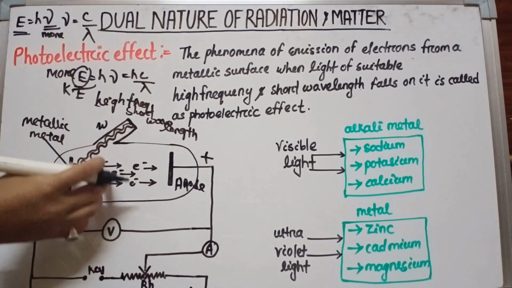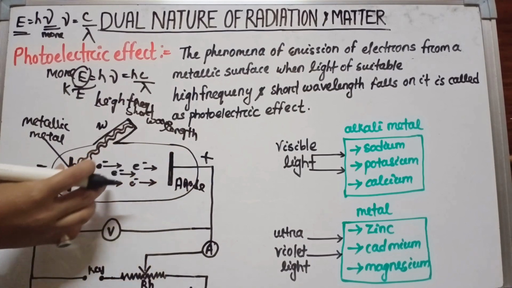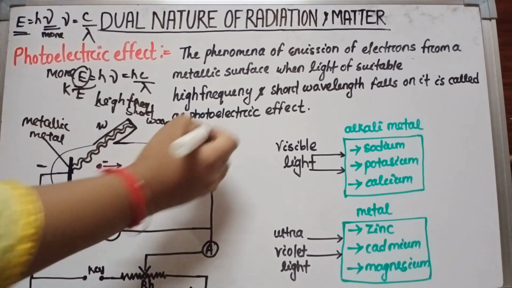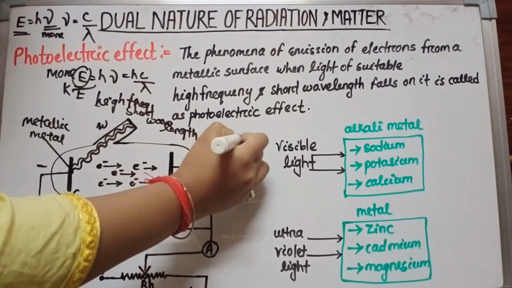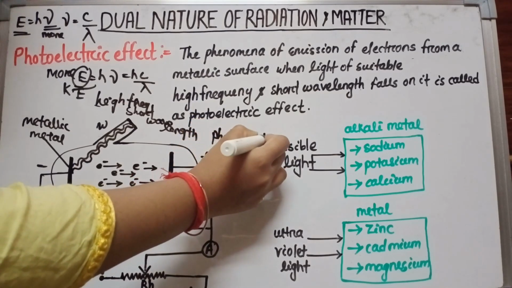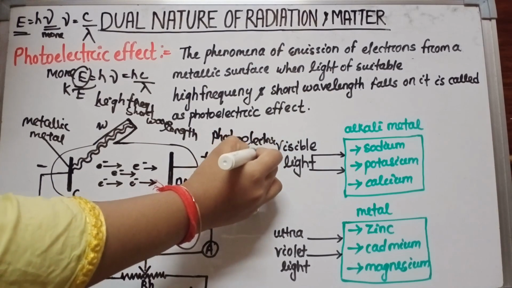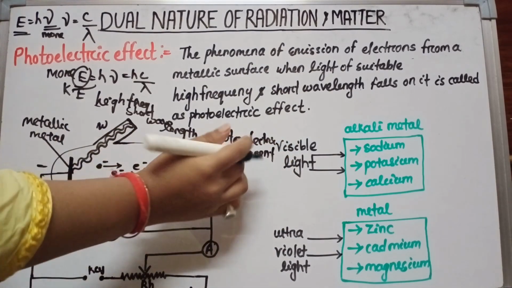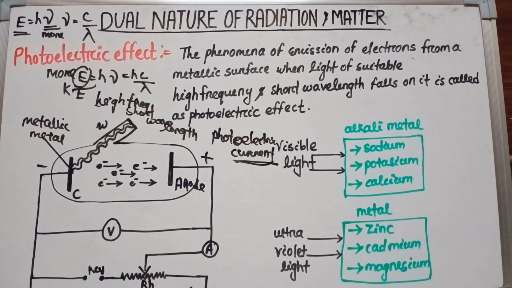As electrons flow in a particular direction, current is produced, and that current is called photoelectric current. That current which is produced due to the emission of electrons is called photoelectric current.